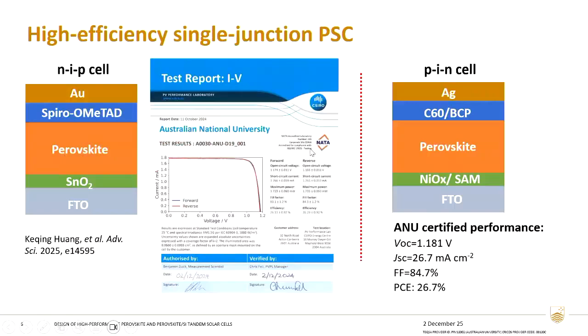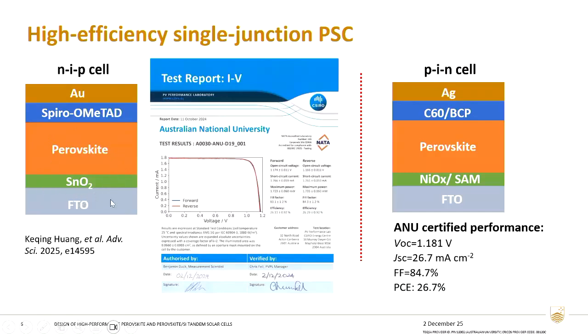Just to give you a little more detail about how these two types of cells are built and what materials are used, take the NIP cell structure as an example on the left. We use FTO as a substrate. On top of it, we use the metal oxide, tin oxide, as an electron transport material.